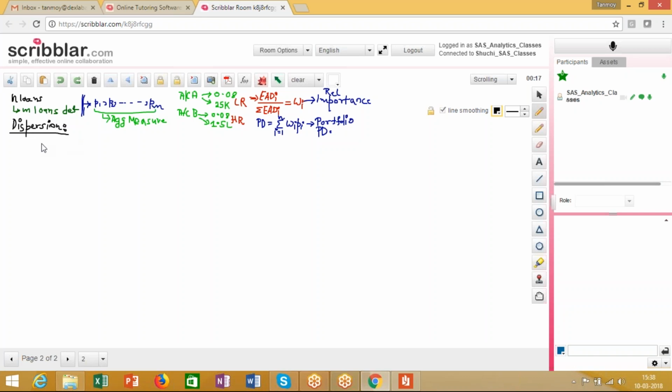Dispersion is nothing but the variability about the central measures.